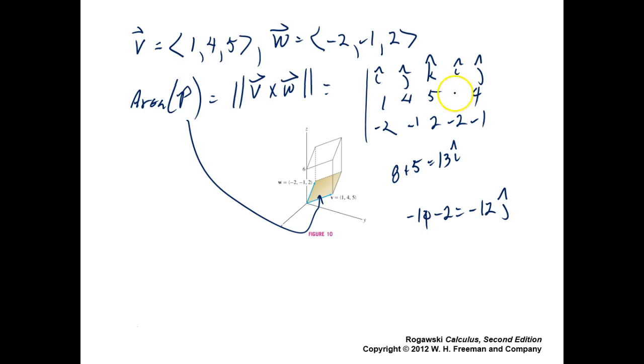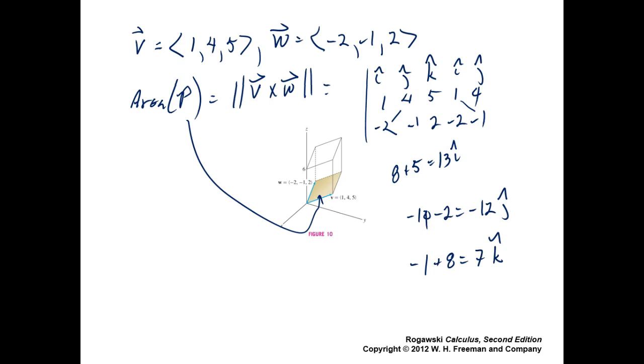That was a 1 there. Okay. It was -1 plus 8 equals 7K. All right. So that's your U cross V. I mean V cross W.